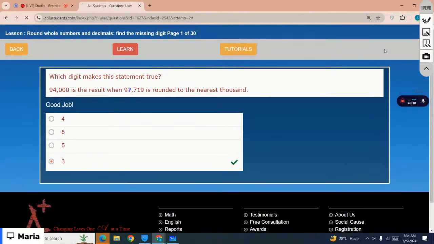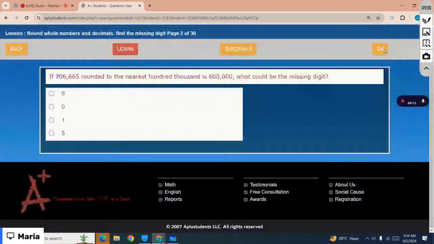The next one is: if the missing number rounded to the nearest 100 is 600,000, what could be the missing digit? So which digit is missing?